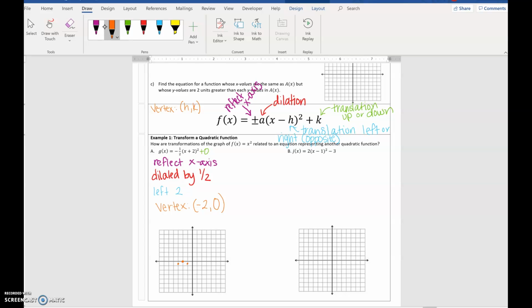And then the other point would be over 2, and then 2 squared is 4 normally, so it would be right here normally. But again, we're cutting that in half, so it would be right here instead. And then we would just draw our U shape through those points.